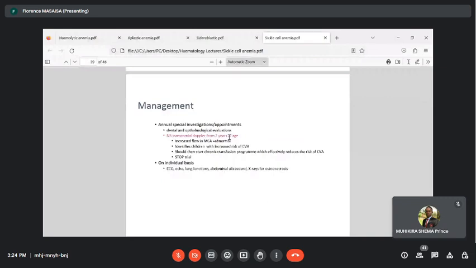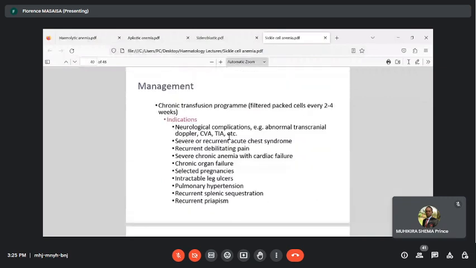Monitor the bone with X-rays and so on. The patient may also be put on transfusion, where they'll be getting a blood transfusion every 2 to 4 weeks, especially if they have severe acute chest syndrome. So this list shows who can come on chronic transfusion, where they'll be getting a blood transfusion every 2 to 4 weeks.